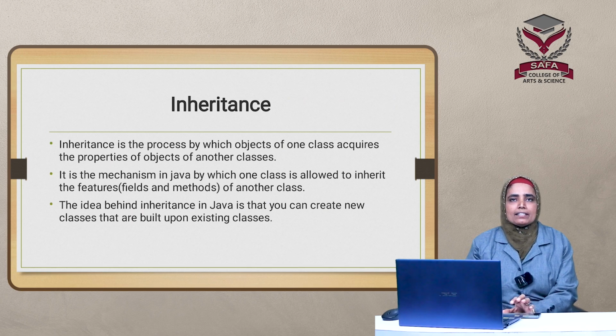What is inheritance? Inheritance is the process by which object of one class acquire the properties of object of another class. This is called inheritance. It is the mechanism in Java by which one class is allowed to inherit the features, that is, fields and methods of another class.